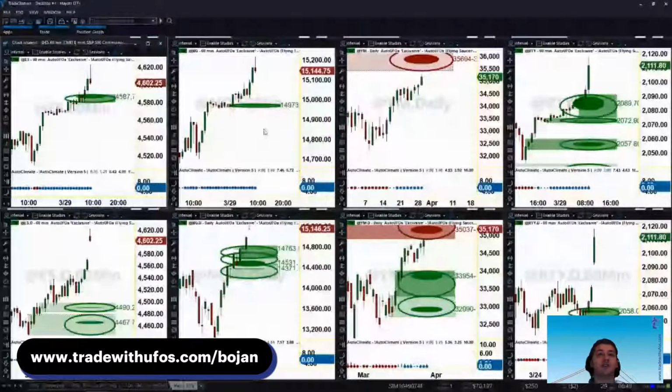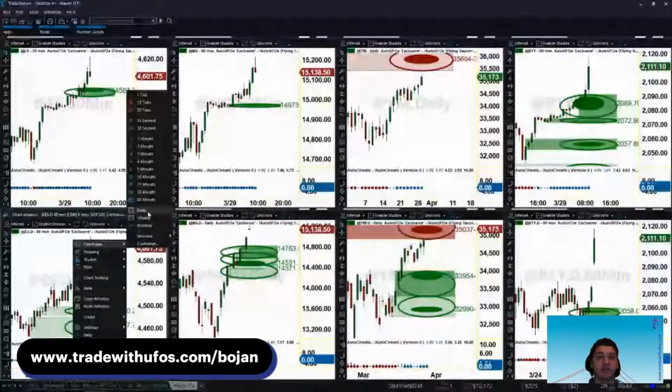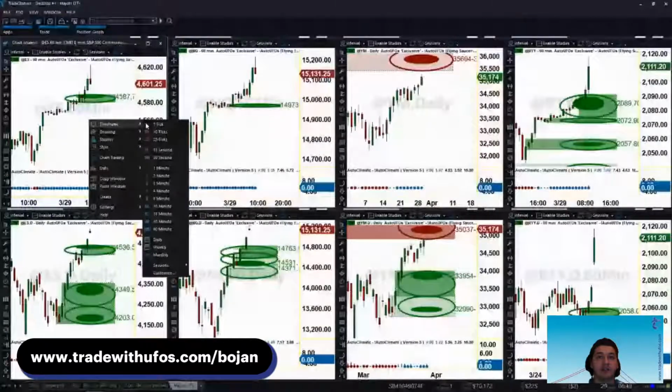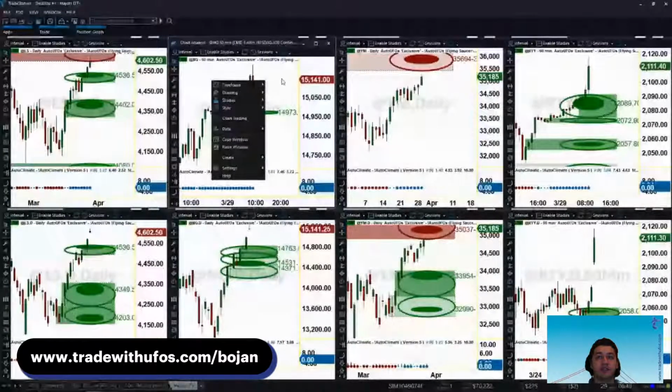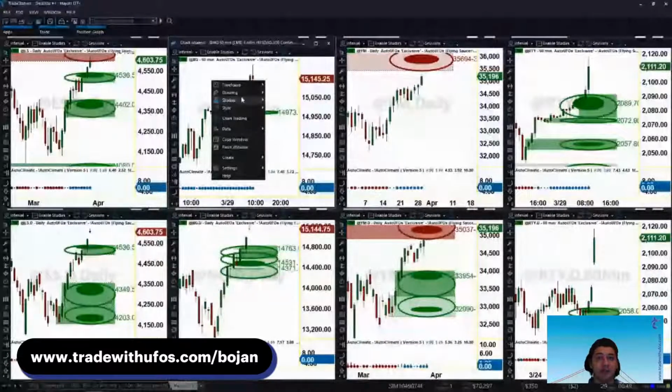Okay, so as you see, well, that's not what I had in mind here. Time frame should be daily, and time frame should be daily. I don't know where the 60s came from. Oh, I think it was because on my .Ds I had them on the 60-minute.